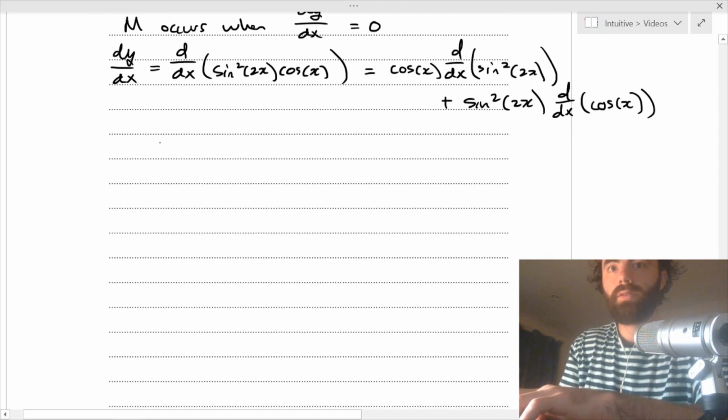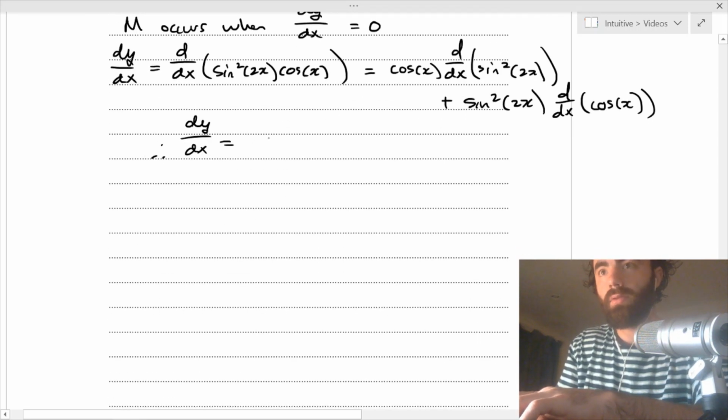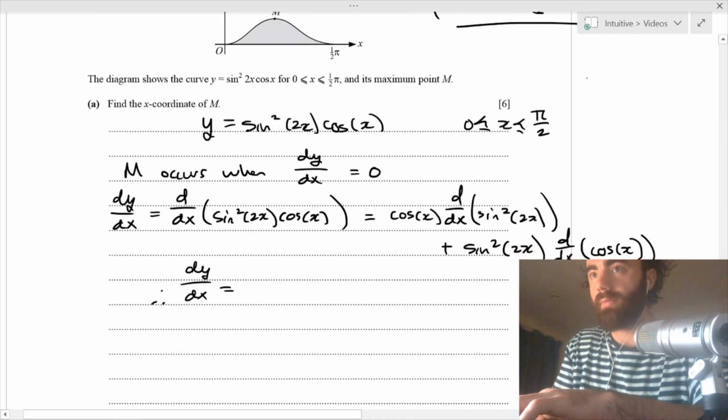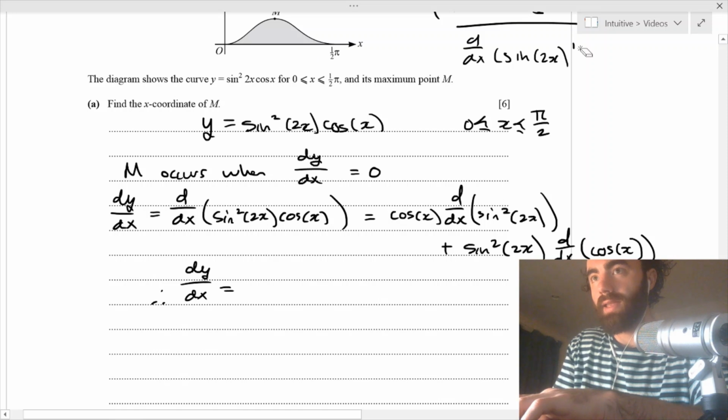Okay, so therefore we get dy by dx equals, well, this differentiated, so I can use the chain rule.